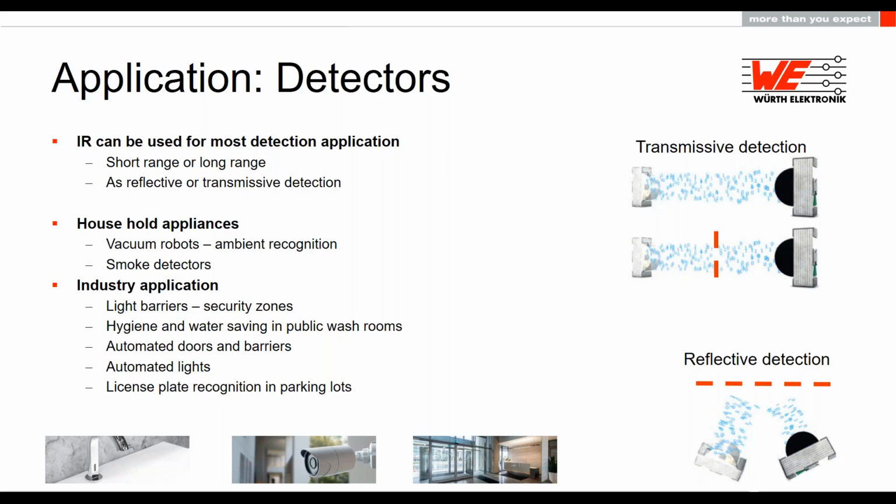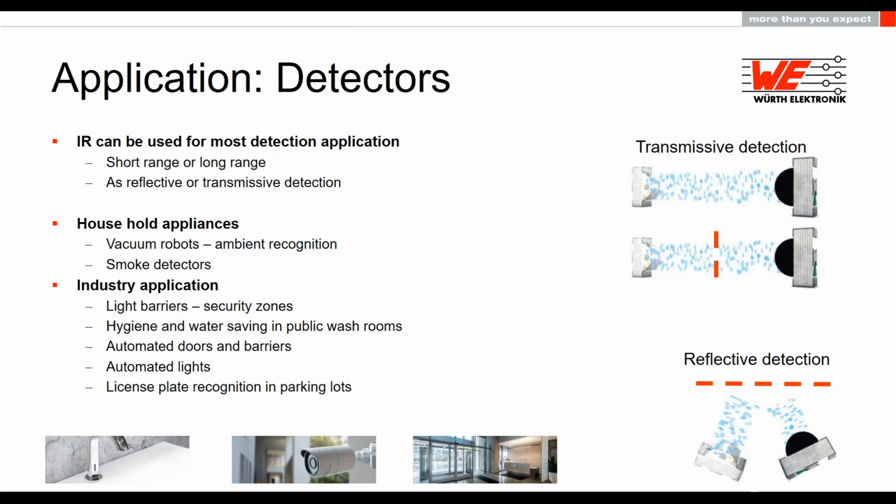If something crosses this light barrier or there is an interruption of the signal, then a distress signal or a red lamp can say, no, there is something that is passing through, so I need to shut down. ERs can be used in this case for a short range and long range application to cover big areas.